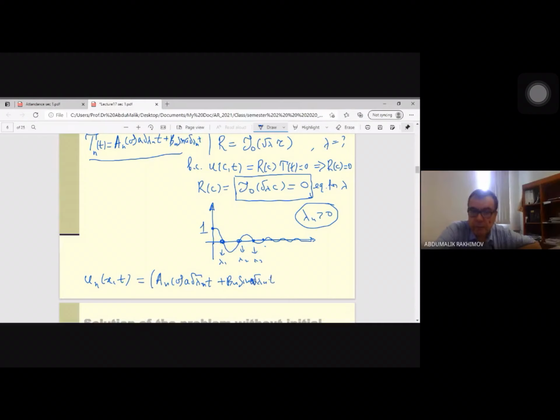All of these functions satisfy the equation, right? Because we found them from the equation plus boundary conditions. These functions we call standing waves.